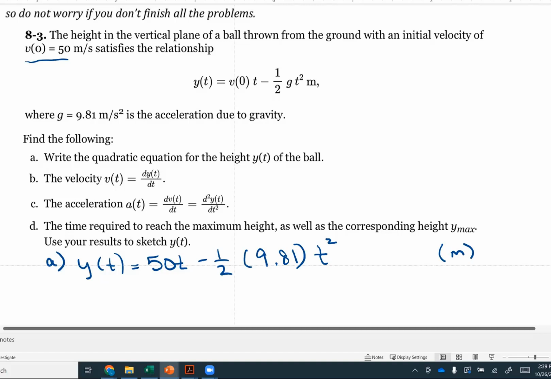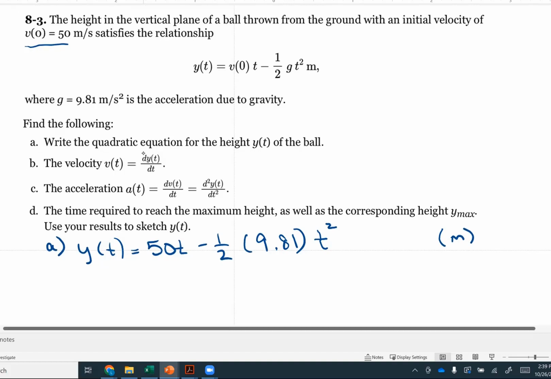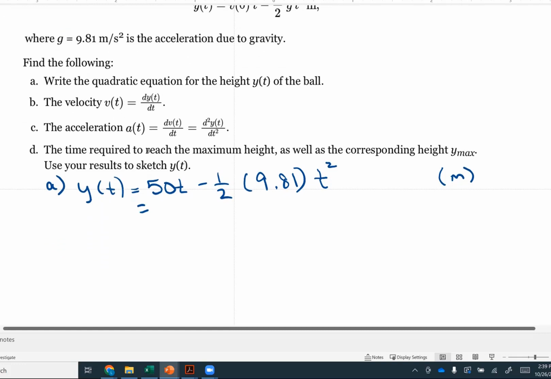All right, we did A. That's really all A is. But this would be standard form: negative 4.905 t squared plus 50t.